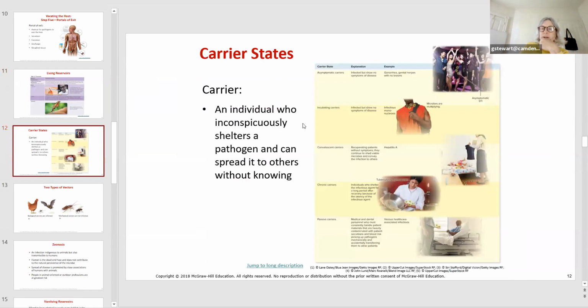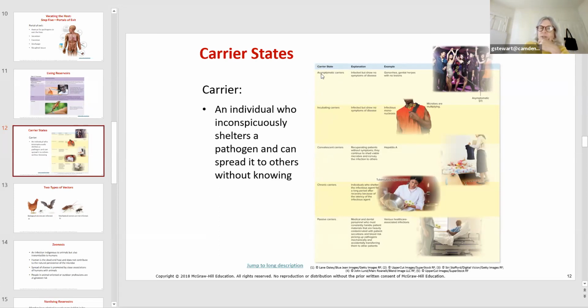So here are some carriers, right? And the list is long. Asymptomatic, incubating, convalescent, chronic, passive carriers. And again, we all know a lot more about what an asymptomatic carrier is due to the virus pandemic that we're living through right now. But this is sort of a general term. In reality, most of the carriers are probably all of these, at least all of these first three.